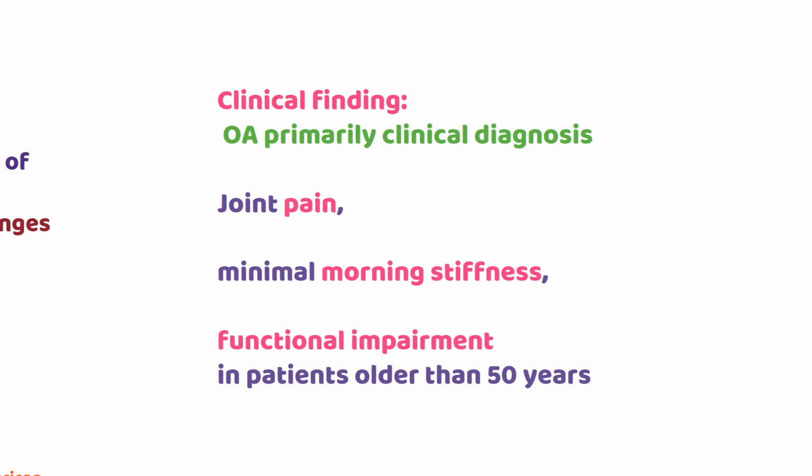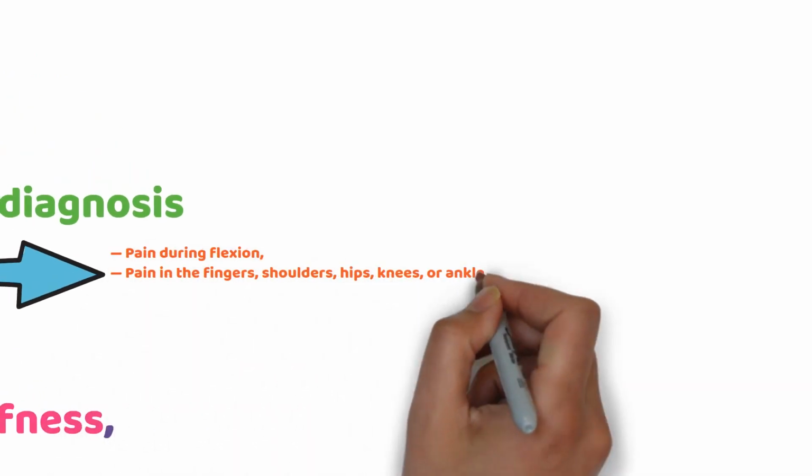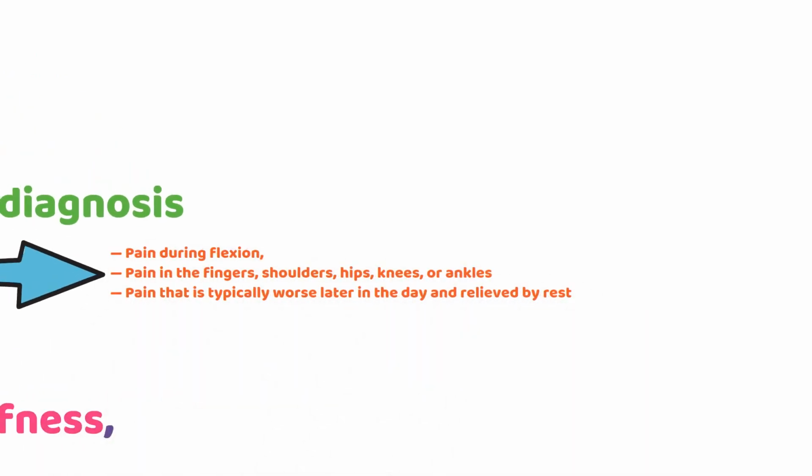Osteoarthritis is primarily a clinical diagnosis. The patient comes with joint pain, minimal morning stiffness, and functional impairment, especially in patients older than 50 years. Regarding the pain, pain mostly during flexion, pain mostly in the fingers, shoulders, hips, knees, or ankles.